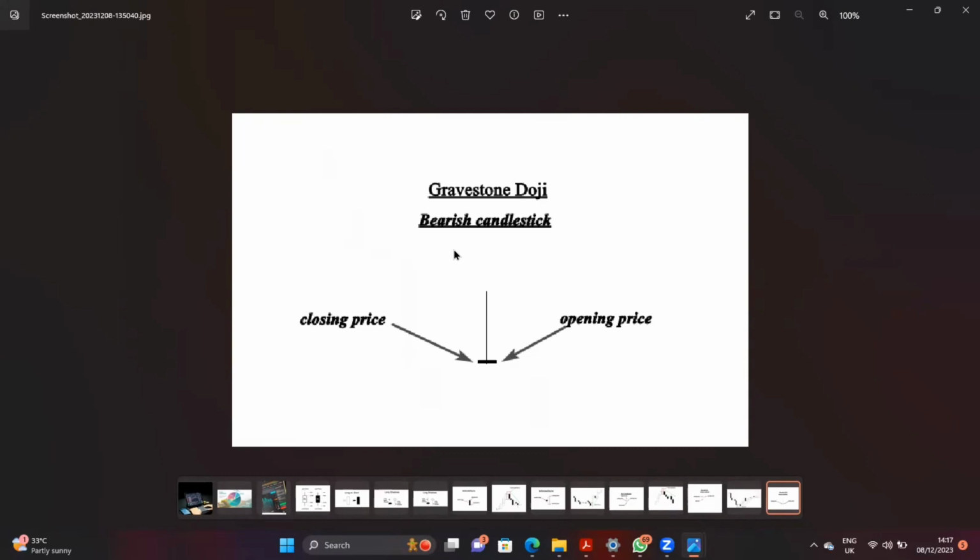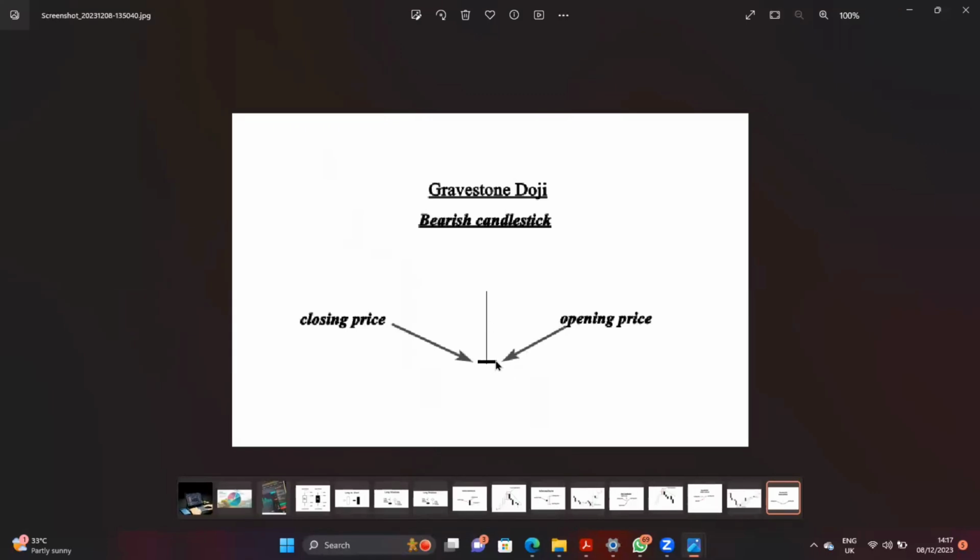The gravestone doji is the bearish version of the dragonfly. We looked at the bullish version, and we're now looking at the bearish version. It is formed when the open and close are the same or about the same price.